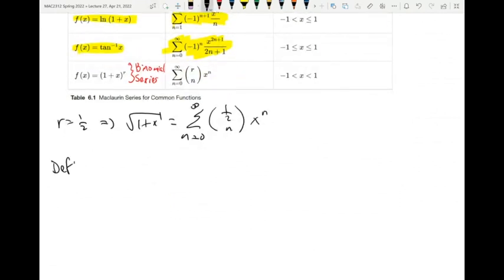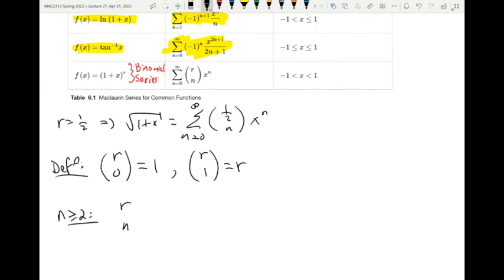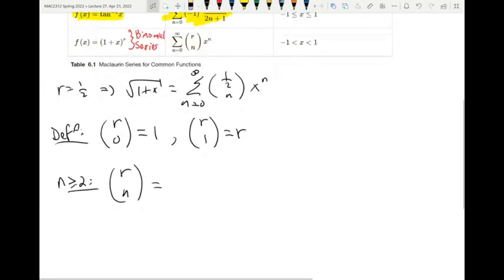So, definition: r choose 0, we define this to be 1. This is always equal to 1. Now, r choose 1 is going to be equal to r. And now for n greater than or equal to 2, how do we define r choose n? We define it as follows.